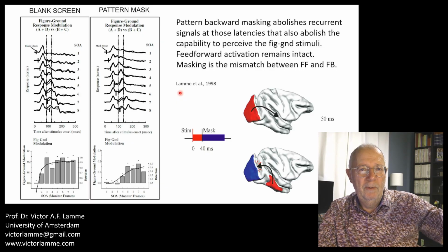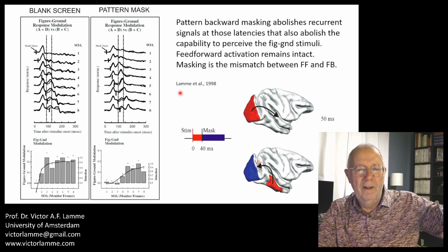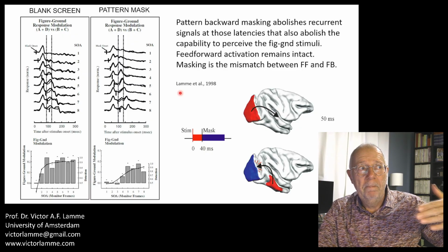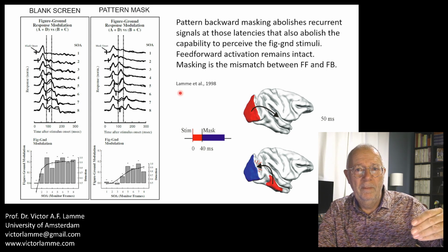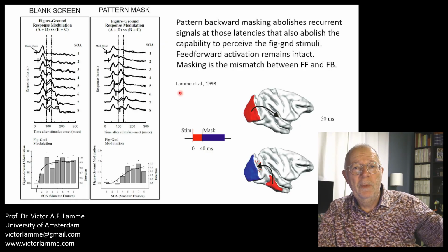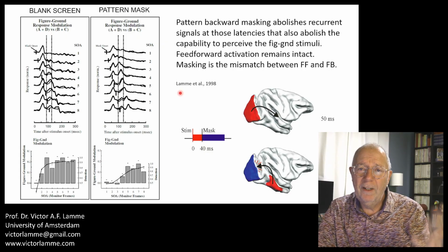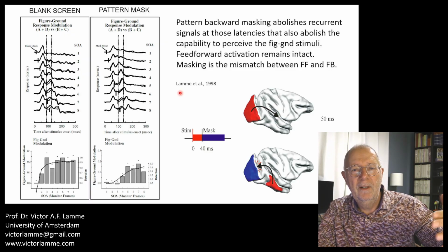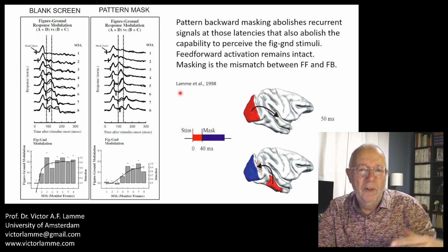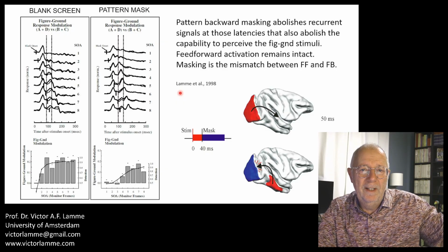Given that, if it would all be feed-forward hierarchical processing, why would a visual stimulus that's presented now be abolished by a stimulus that you present later? Of course, that can only happen if somehow this later stimulus can catch up, which normally it can't do because it just enters later.